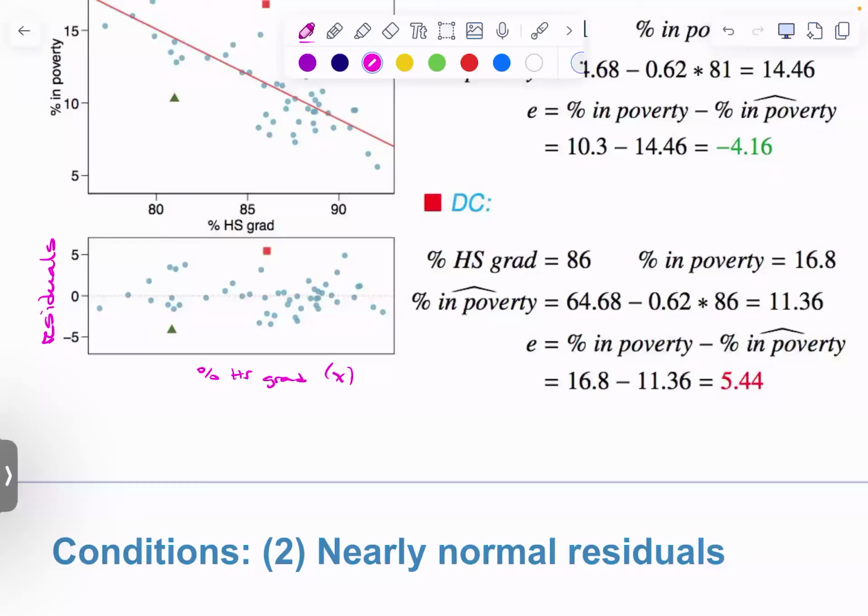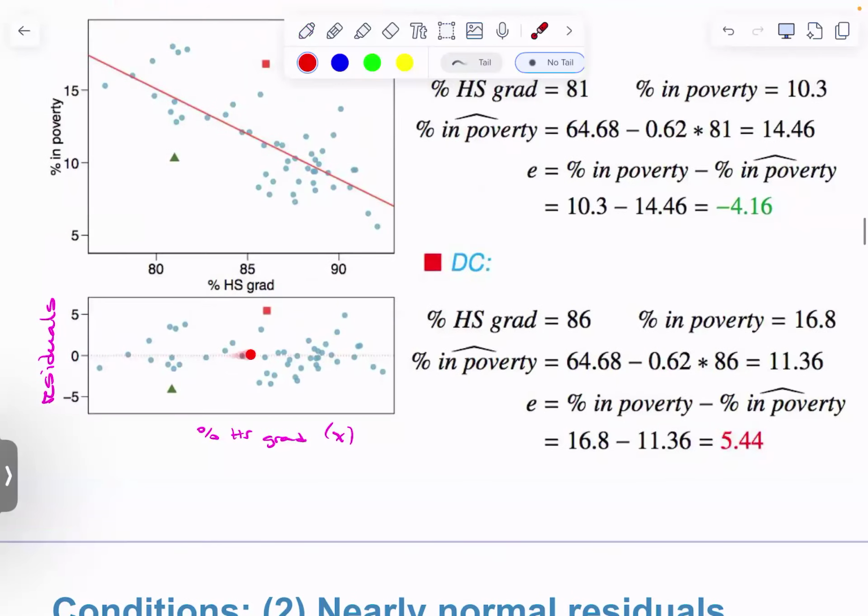So now each of your x's has some residual attached to it, so you can plot those instead as a scatter plot. Now notice the residual plot is centered on 0, which we said, okay, the residuals should follow a normal distribution centered on 0. Good.